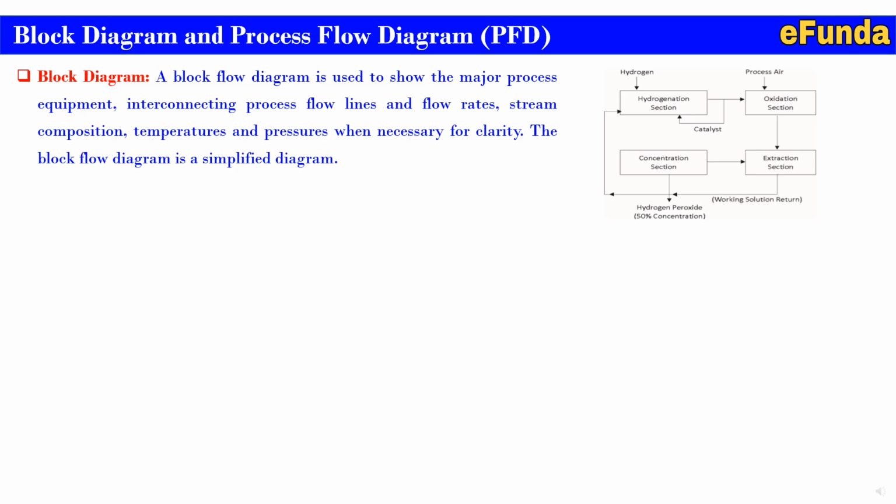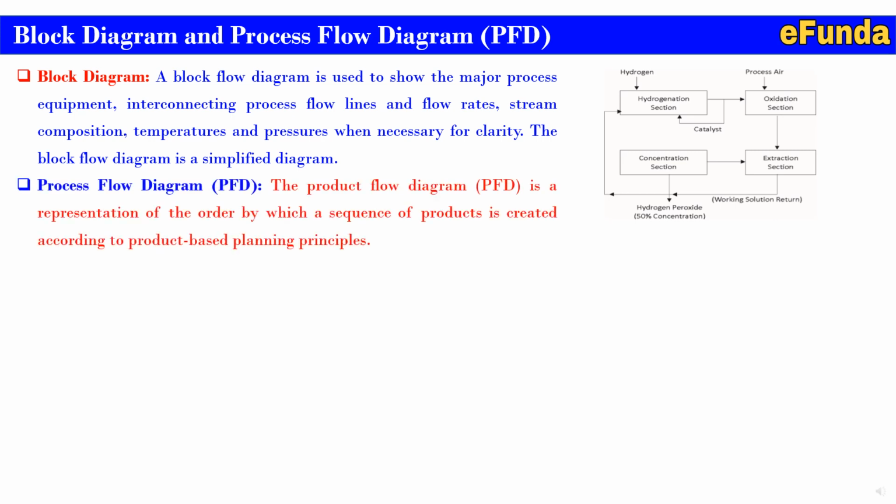Further, based on the block diagram, the process flow diagram is developed. The process flow diagram, or PFD, is a representation of the order by which a sequence of the product is created according to product-based planning and principle.